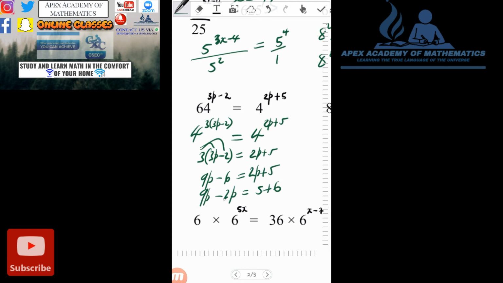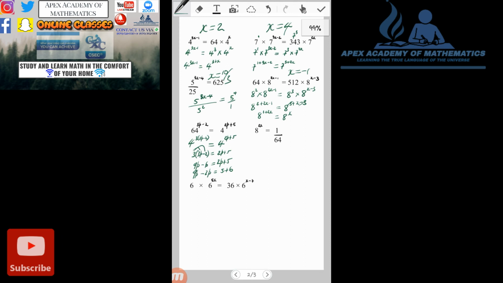So 9p minus 2p, that's going to be equal to 7p. 9p minus 2p is 7p, and that's going to be equal to, sorry, not 6, but in fact positive 5, that's this 5 right here, plus 6.